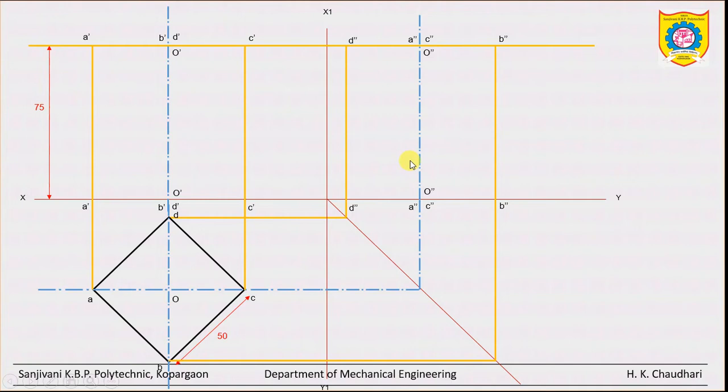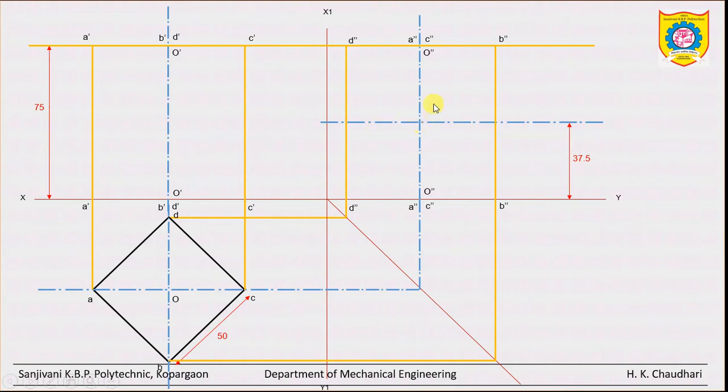Now our aim is to draw the intersecting prism. So for the intersecting prism, the position of the axis is given. How? They bisect each other at right angles. The height of the vertical prism is given 75, so take the midpoint of this axis, 75 by 2, so taking a distance of 37.5 mm, draw the horizontal axis.